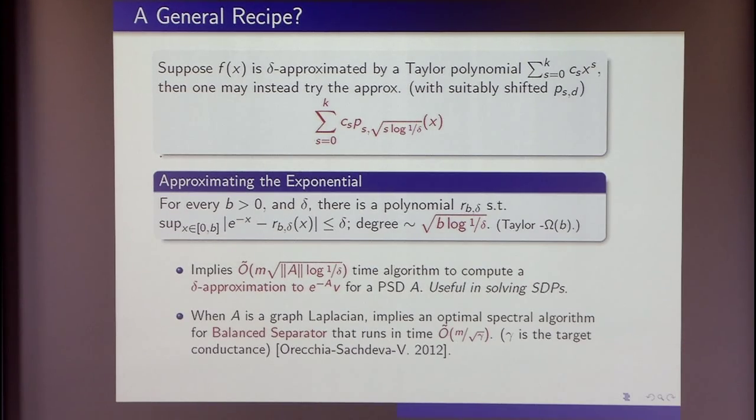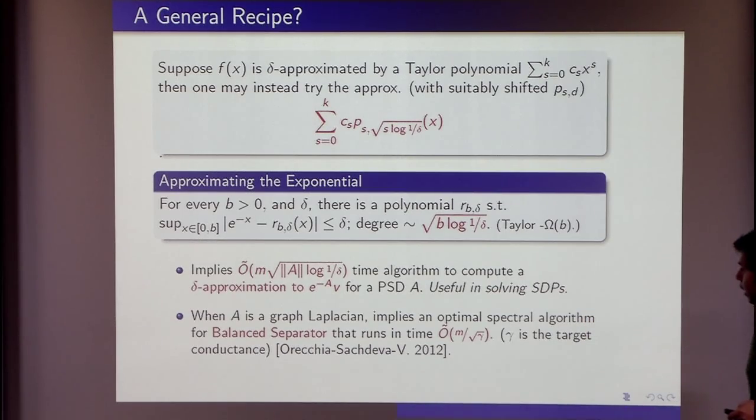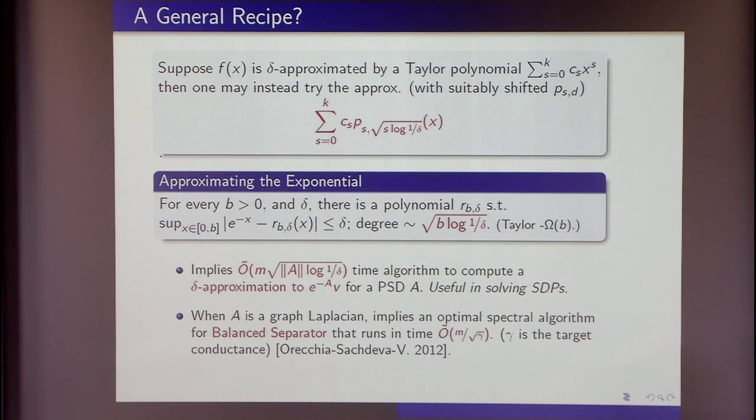In particular, with Lorenzo and Sushant in 2012, we proved, not exactly this way but in a related manner, that you could solve the graph partitioning problem of balanced separator in time m over root gamma, where gamma is the target conductance. This is an improvement, and a similar result was gotten by Yuval Peres using very fancy technology of evolving sets, and this is very simple.